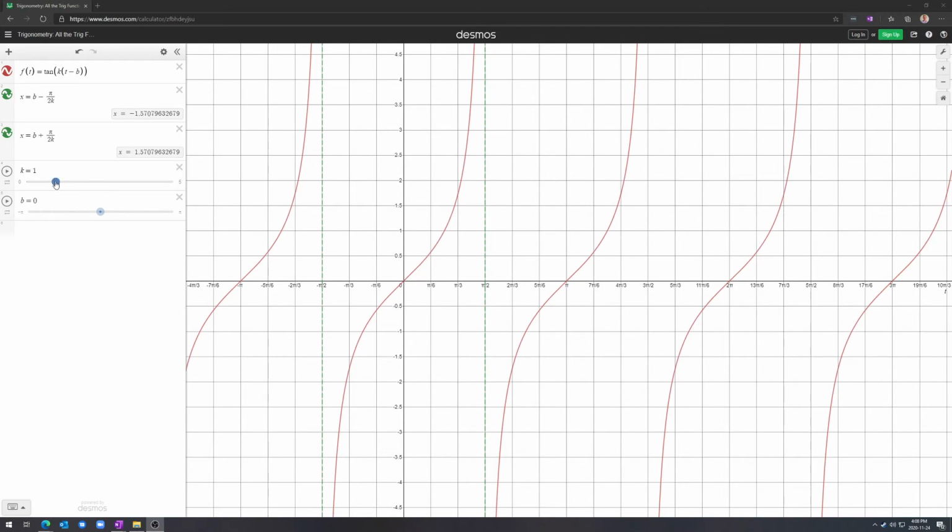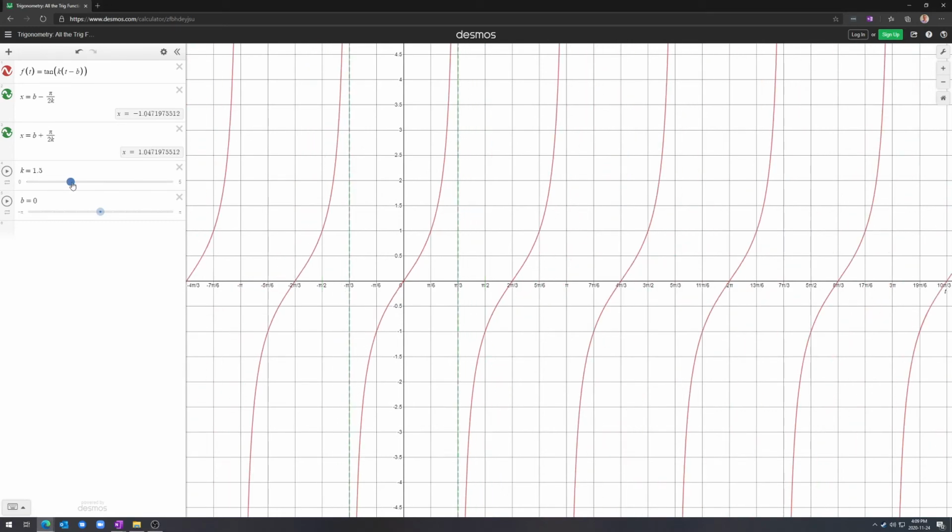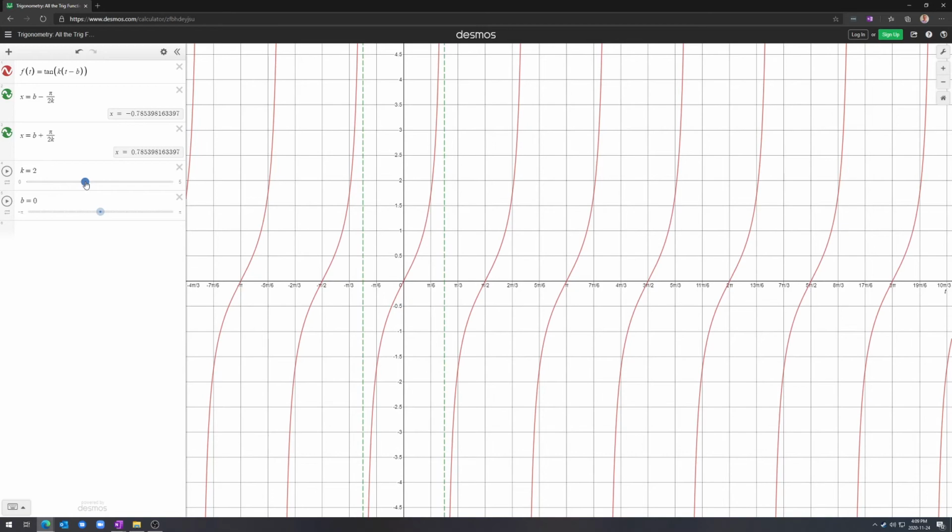Now I've got a slider here for k, and notice we have currently a period from -π/2 to π/2, which is the length of 1 pi. But if I make k larger, then we start to shrink that period. So if I let k equal 2, this is actually now changing the asymptotes to -π/4 and +π/4, which is now only a period of π/2.